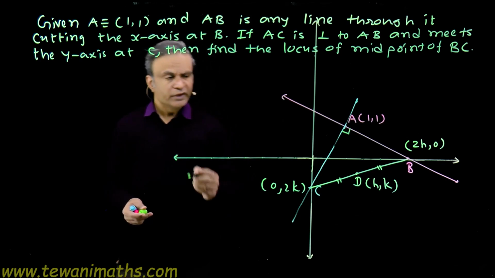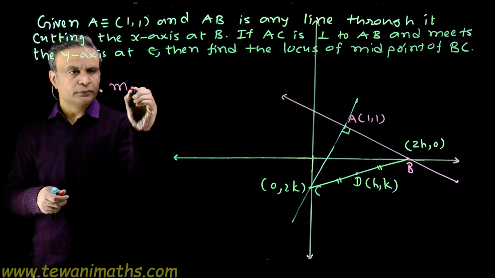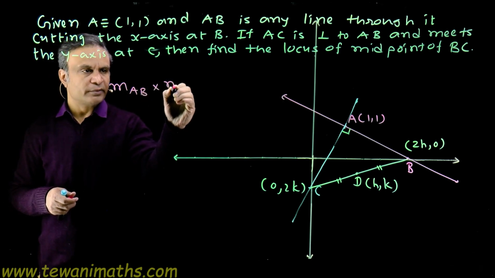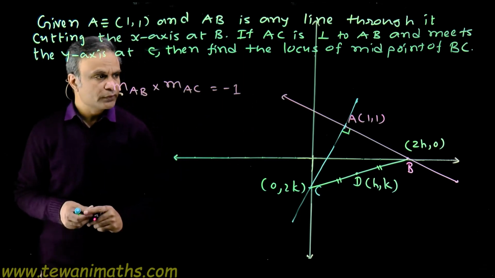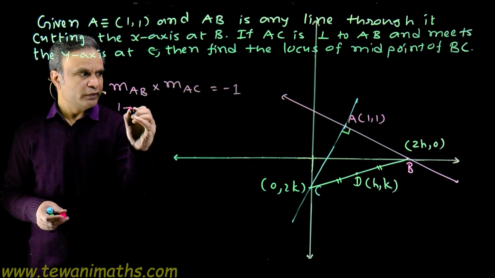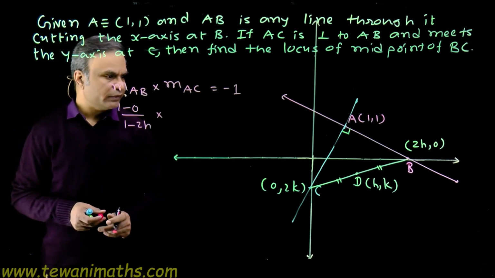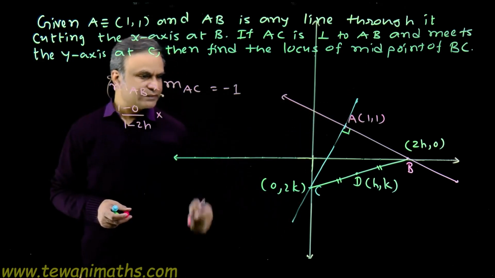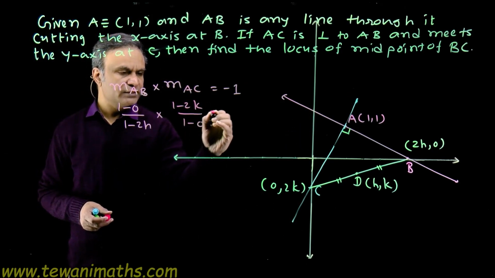So we have here slope of AB multiplied by slope of AC is equal to -1. Slope of AB is (1 minus 0) over (1 minus 2h), multiplied by slope of AC, which is (1 minus 2k) over (1 minus 0).